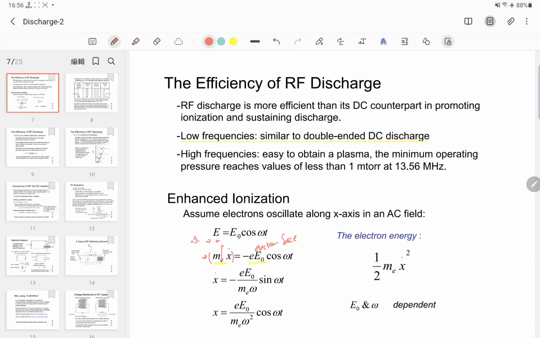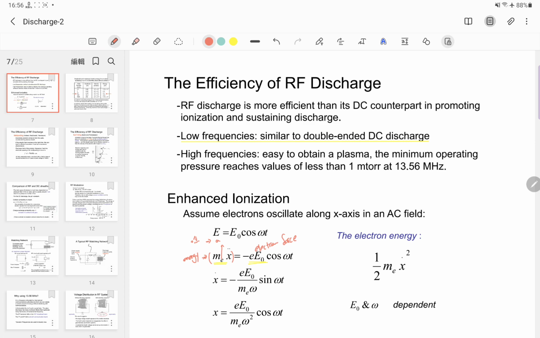And the third equation shows the velocity of the electron. The velocity equals the integration of the acceleration over time, delta t. So you can integrate the second equation and get the velocity.